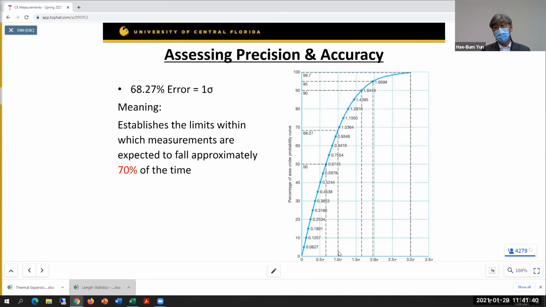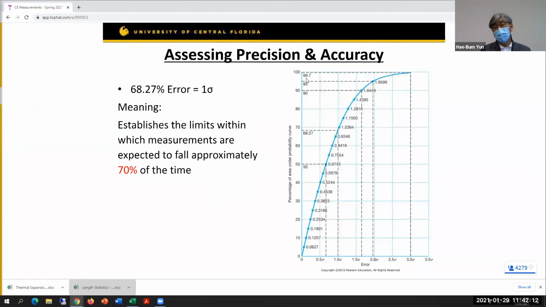If you have 1 standard deviation, you have 68.27%, close to 70% precision. If you have 2 standard deviations, you end up with 95% precision. And if you have 3 standard deviations, this will be what? 99.7%, close to 100, right?